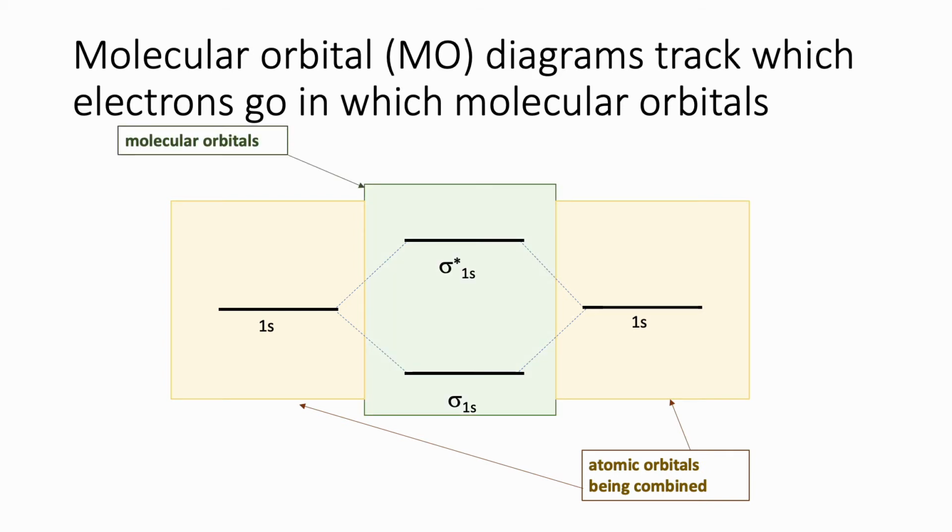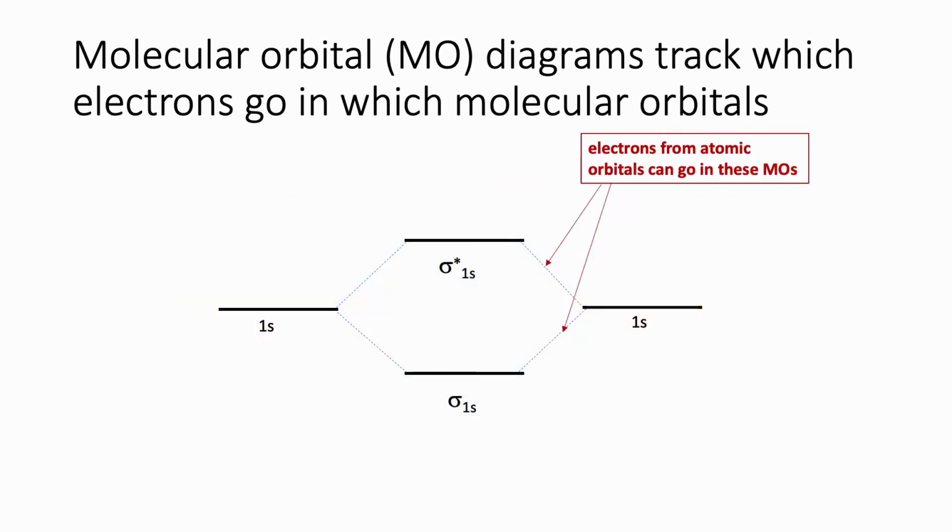Whatever's in the middle is what you create by putting those orbitals together. You'll notice that there are dashed lines that connect the atomic orbitals to the molecular orbitals, and those basically say that the electrons from these atomic orbitals can go into those molecular orbitals. That last part may not make much sense yet because we're working with a very simple diagram, but as we move further on, you may end up with several sets of atomic and molecular orbitals.